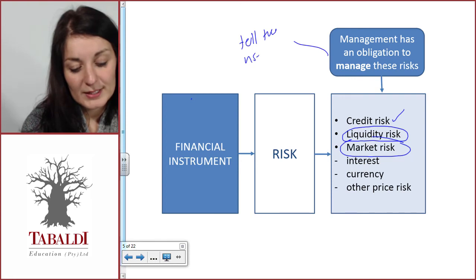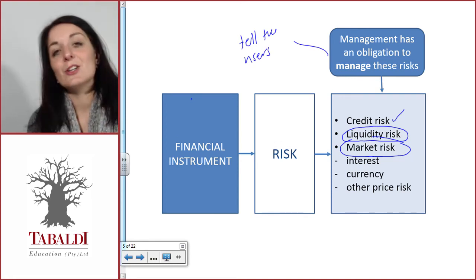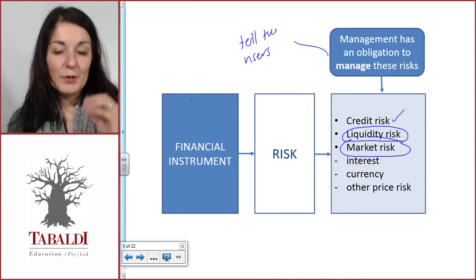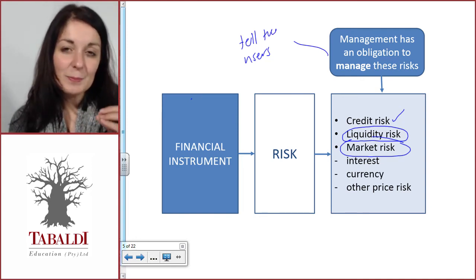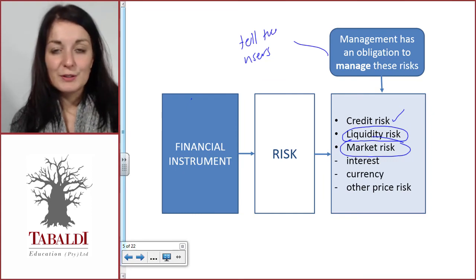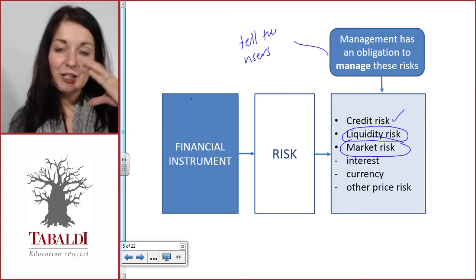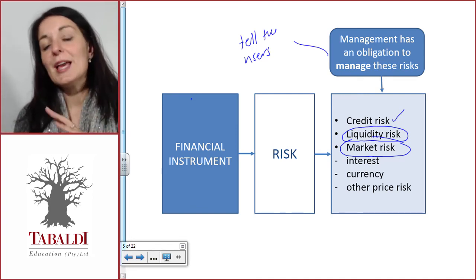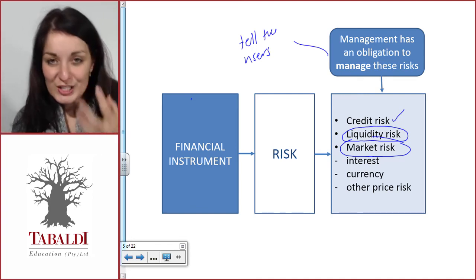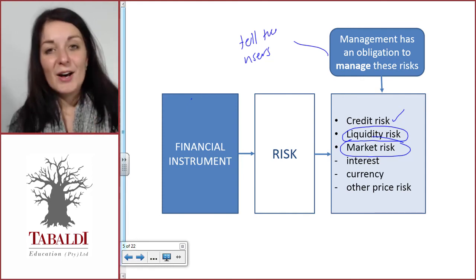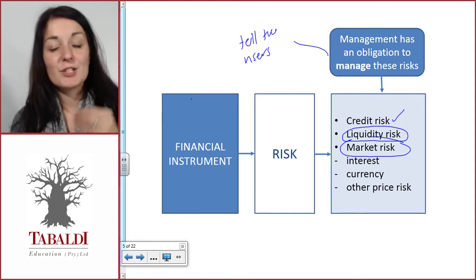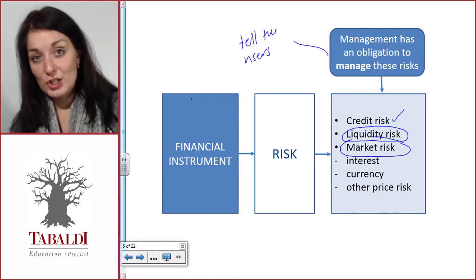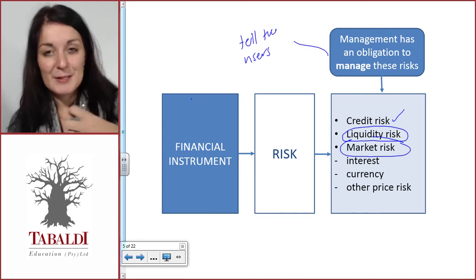Why is this important? Because if you look in the conceptual framework, the objective of general purpose financial reporting is to provide useful information. Now, if you look further into what useful means in terms of the conceptual framework, it means that you have to tell the user how the company managed its resources that it obtained through equity, so through its shareholders contributing capital to the company.